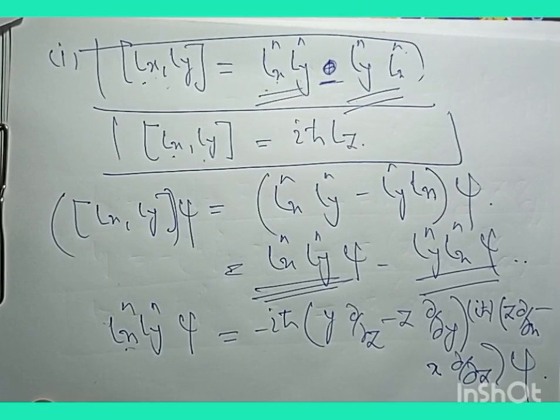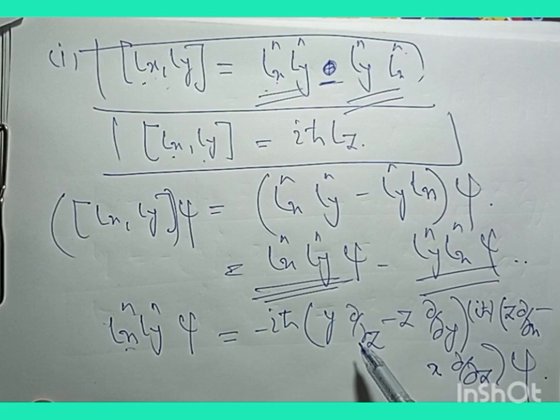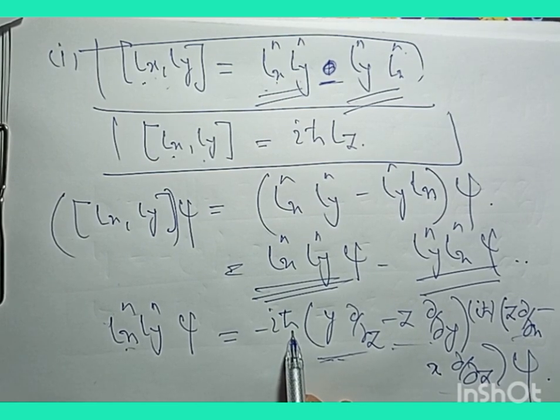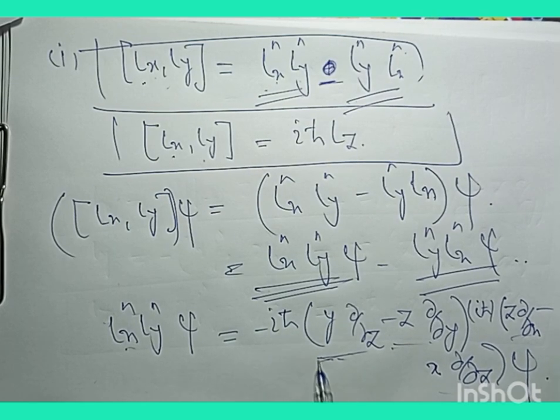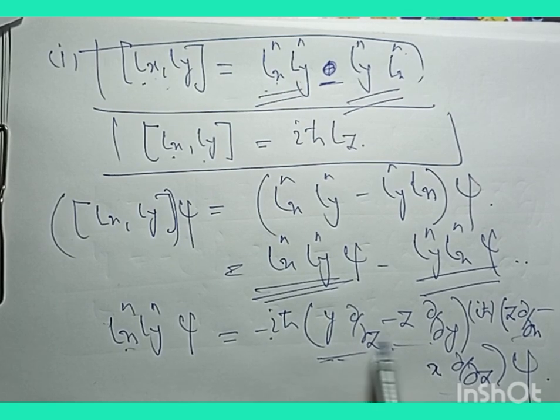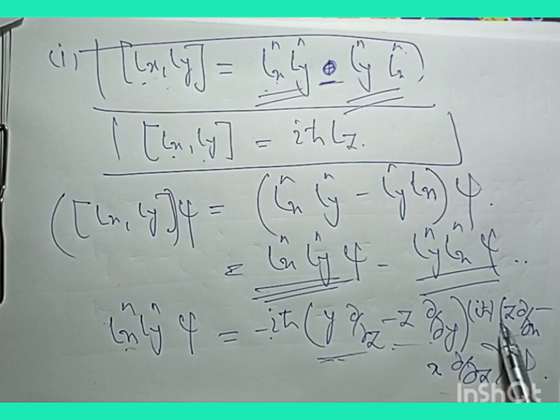Now all we have to do is distribute the terms. We would like to maintain the order, but we have to distribute: multiply this with the first term and with the second term, then the next with the first term and the second term. The iħ and minus iħ will come out, so iħ times iħ gives iħ whole square.